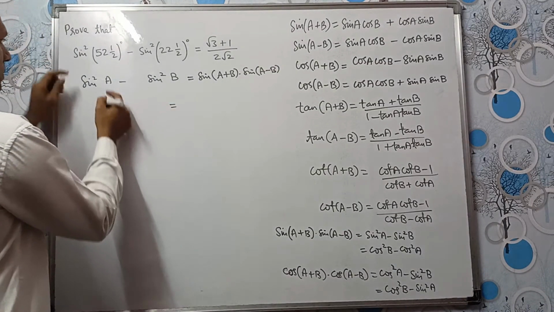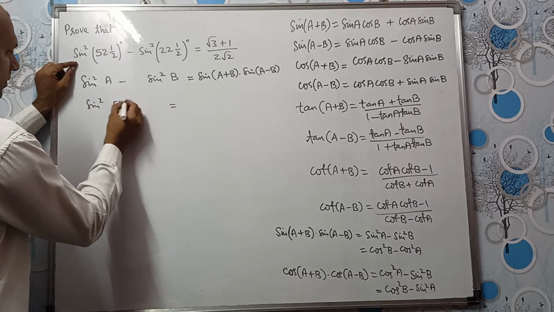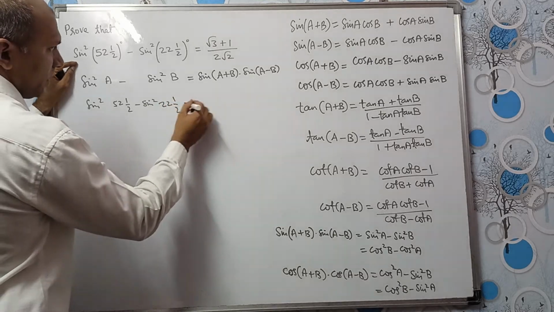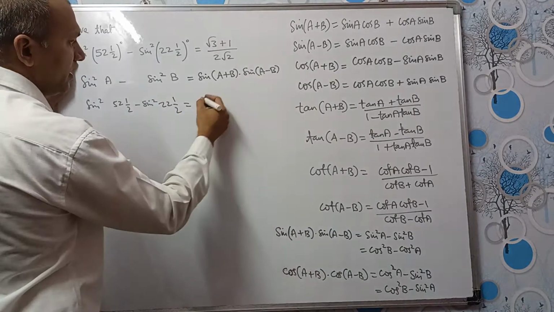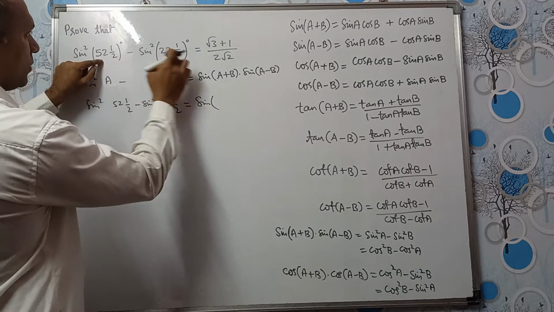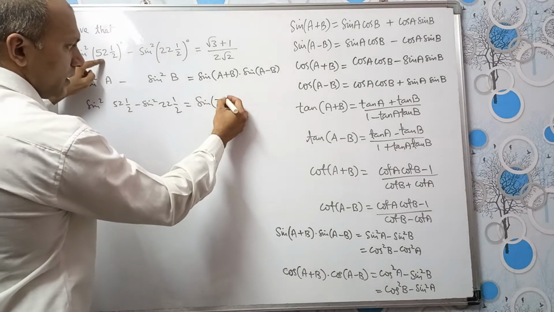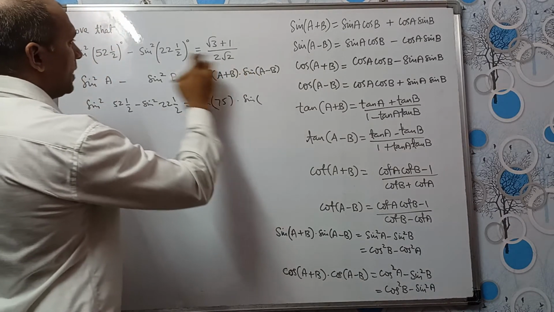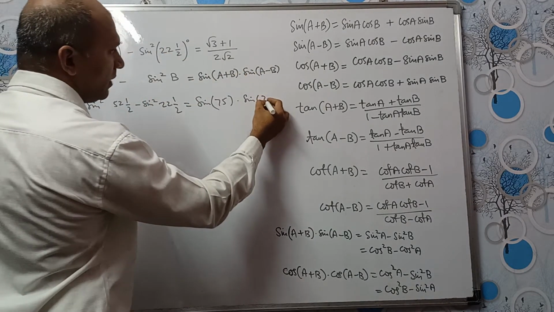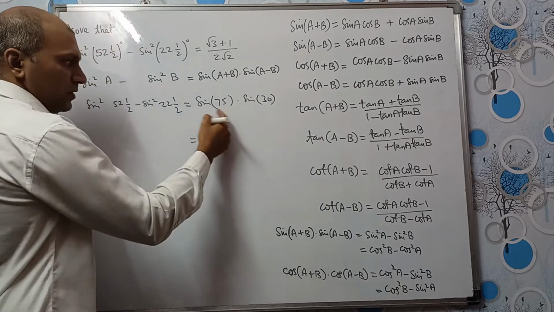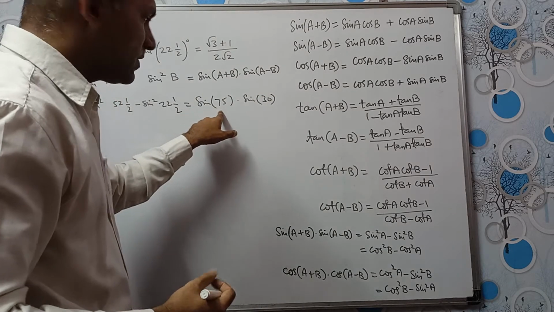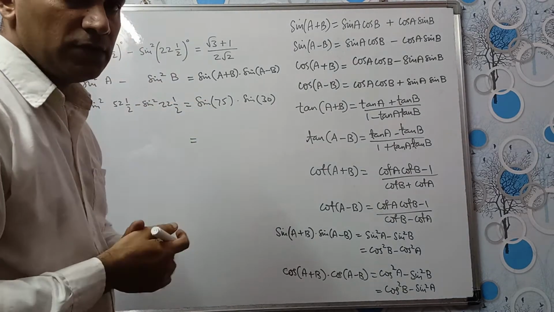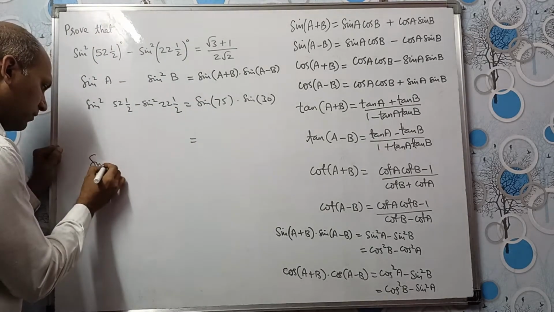So sine square 52 and a half minus sine square 22 and a half is equal to, addition and subtraction, 75, just now we did it, multiplied by sine of the subtraction, 30 degrees, right? So just now we found the value of sine 75. Suppose you don't remember the value of sine 75, how will you simplify that? How will you find sine 75?